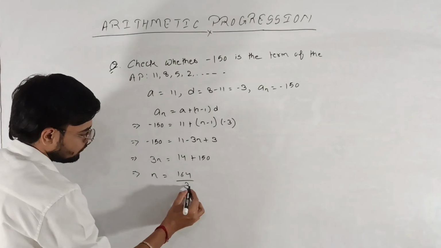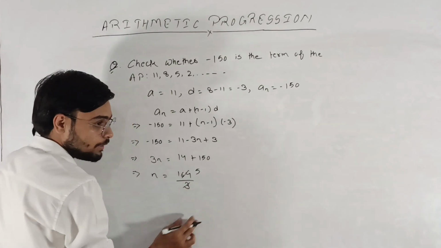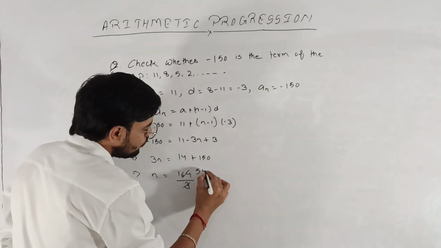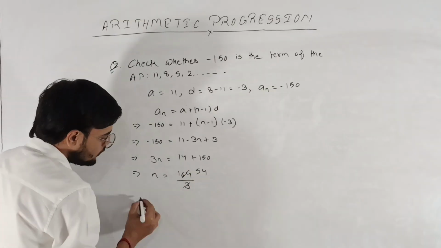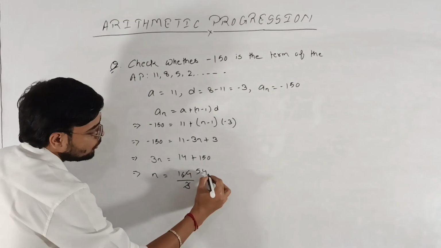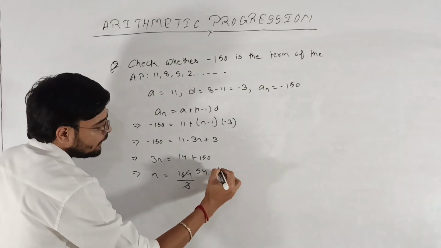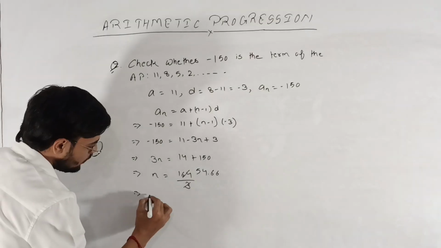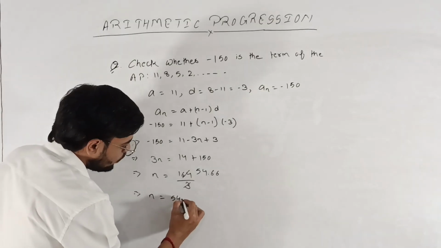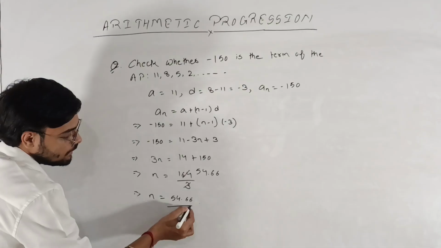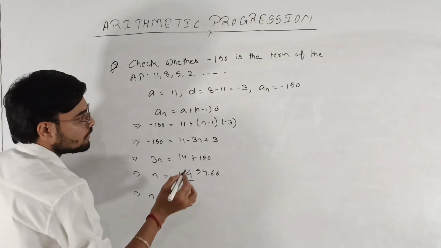Now cancel this: 3 fives are 15, 1 carry 4; 3 fours are 12; 3 sixes are 18. So we get n is equal to 54.666.